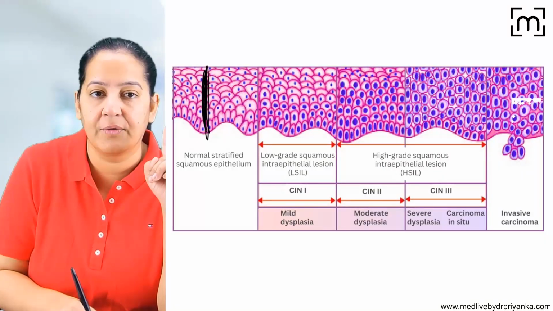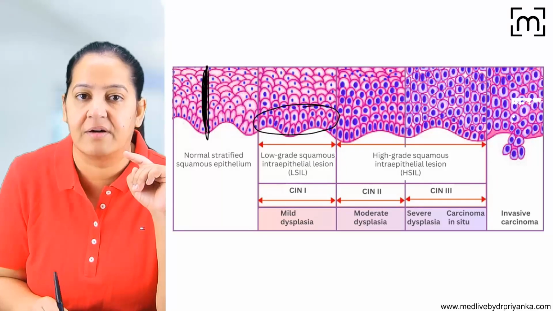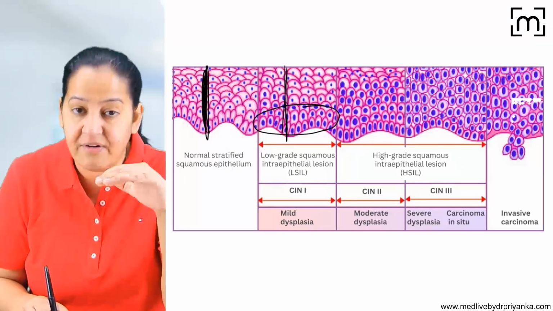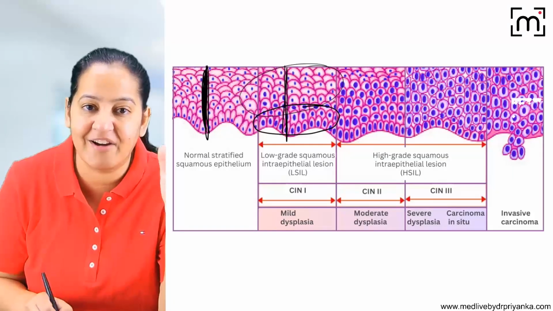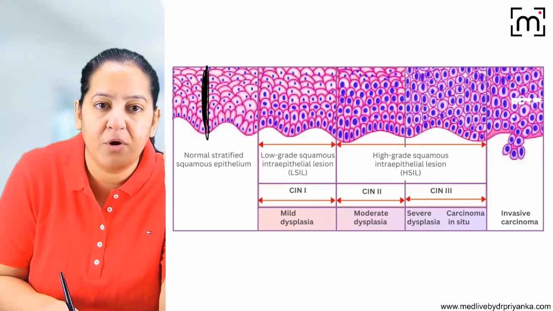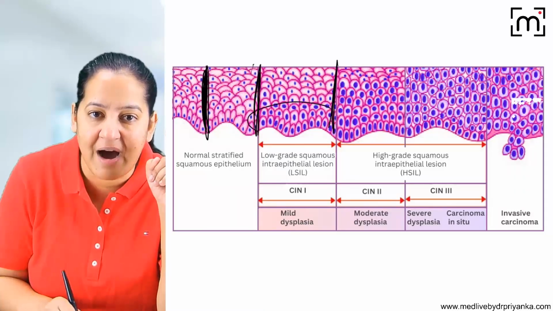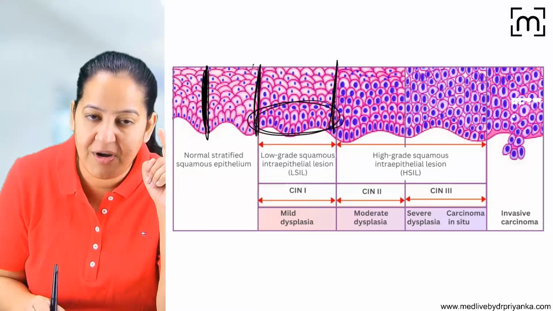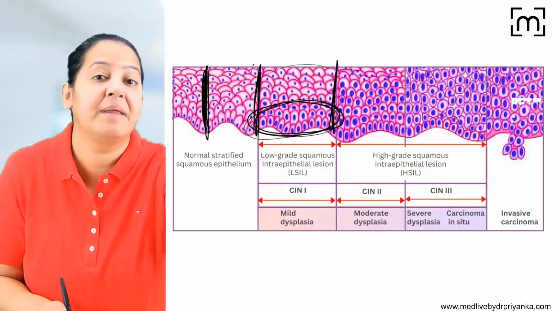You can see the dysplasia is in less than 1/3 of the total thickness. Less than 1/3 are dysplastic. You can see these cells are normal. You can see it yourself in the diagram. Compare all these cells throughout the thickness. You can make out that these cells have a high NC ratio, loss of polarity, pleomorphism, and mitosis. So these are dysplastic cells, but the remaining cells are normal.